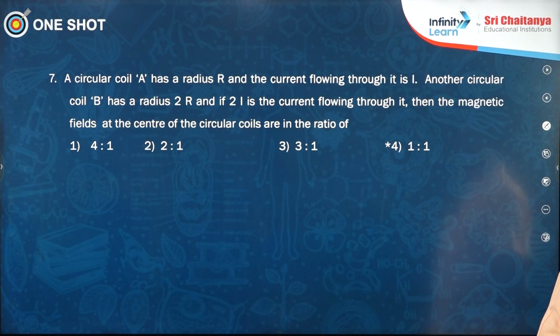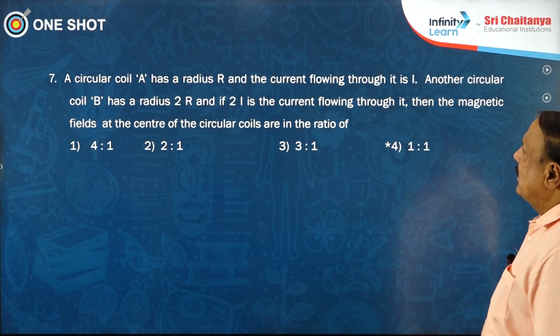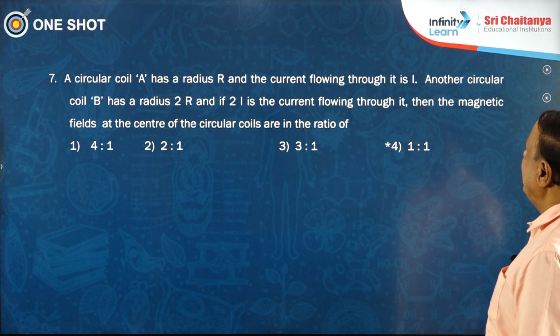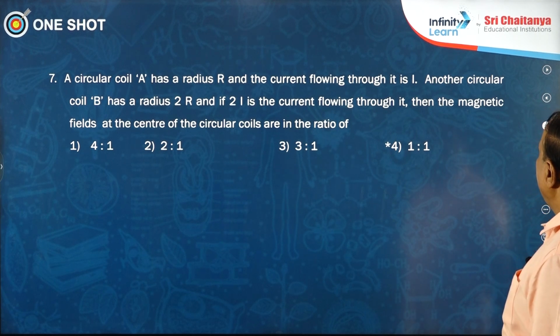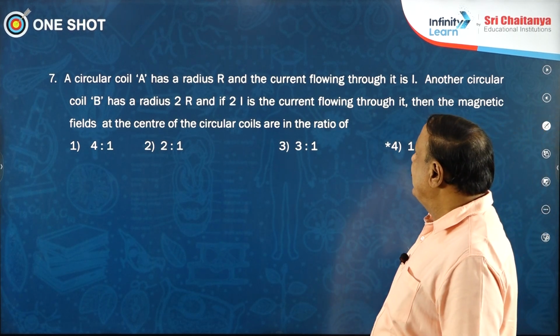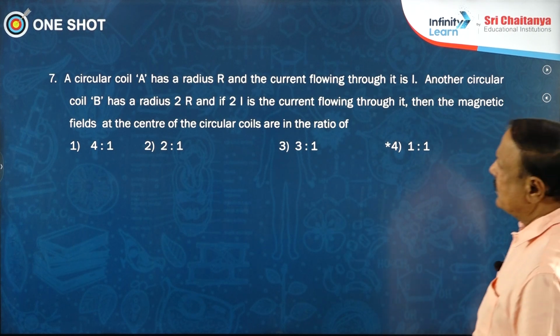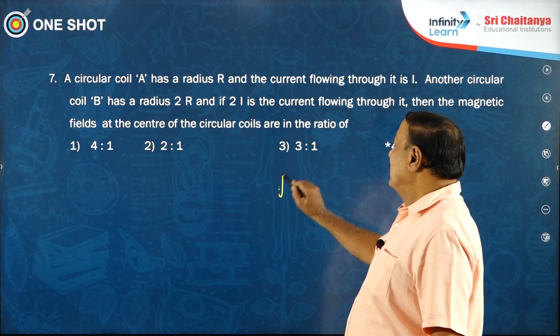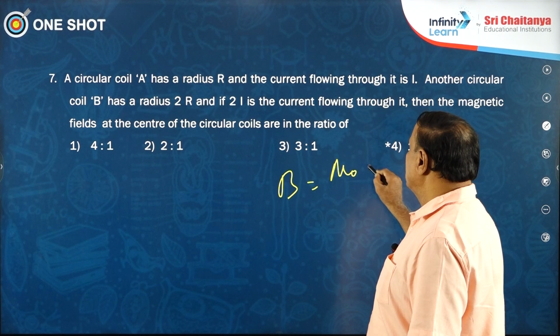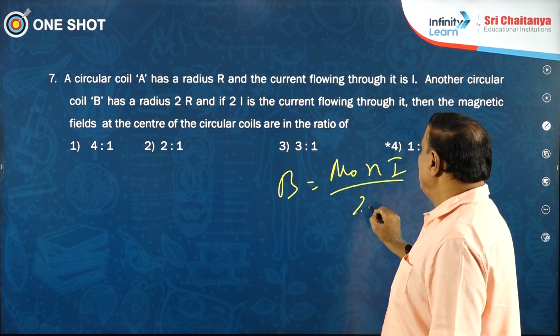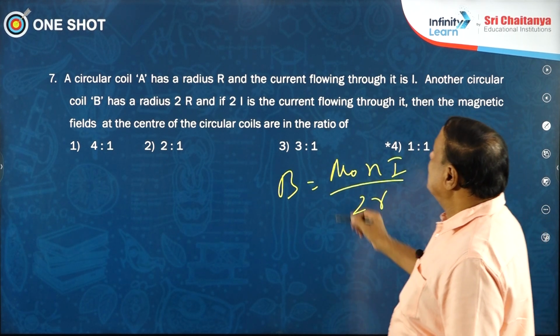Next, go through this. A circular coil of radius R has current flowing. Another circular coil of radius 2R, if 2I is the current through it, find the magnetic induction at the center. Simple. B is equal to mu naught Ni by 2R. What are the variables?